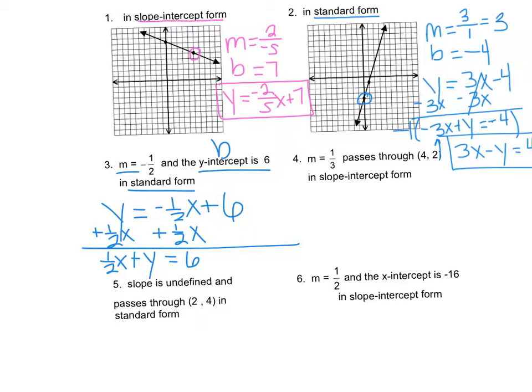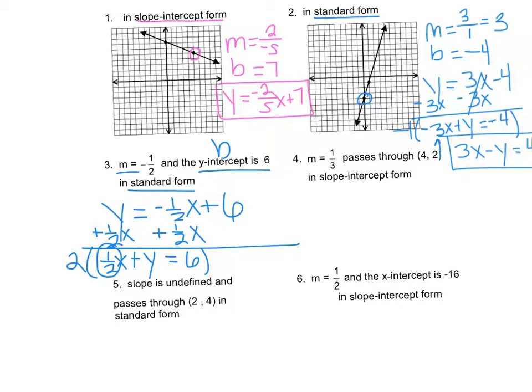Now remember, when you're putting it in standard form, a, which is the coefficient of x, has to be positive and it has to be a whole number. Notice it's a positive 1/2. So to get rid of the fraction, I'm multiplying by the denominator. The denominator is 2. When you do that, you have to multiply every single term times 2.